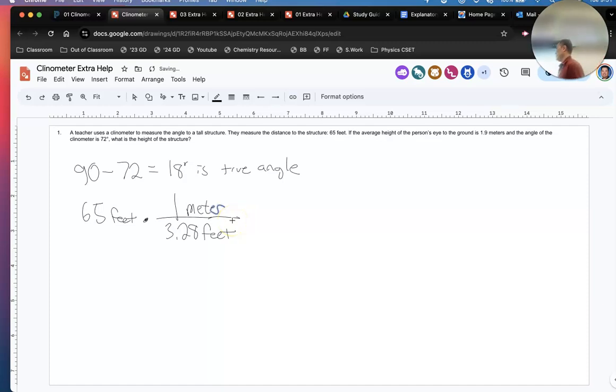Now 3.28 is something all scientists will use to turn feet into meters, if they use 1 over the conversion factor. So feet will cancel out.